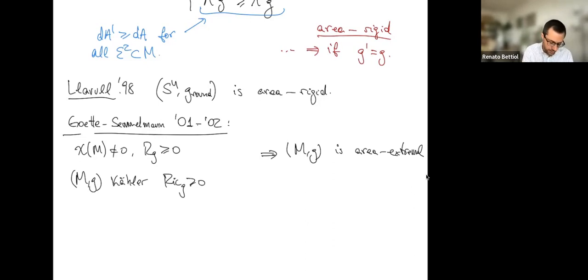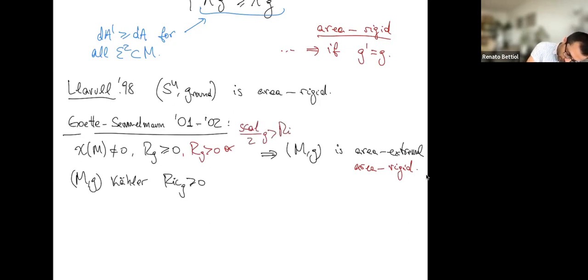And both of these can be promoted to results about rigidity. So if we want the stronger conclusion that the metric tensors are the same, here you can bump this up to strict inequality, or you can also put some pinching assumption. So something that looks like this: scalar curvature over 2 times the metric is bigger than Ricci, bigger than 0.